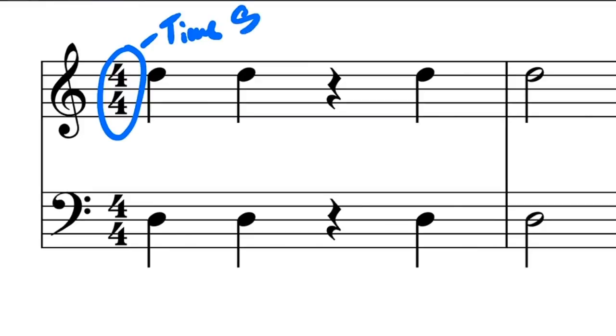Now, this time signature is pretty important because it tells us several different things. For one, the top number tells us something very specific. What does the top number tell us? Please say this out loud, because you might say to yourself, oh, I know the answer to this question, I don't need to say it out loud.